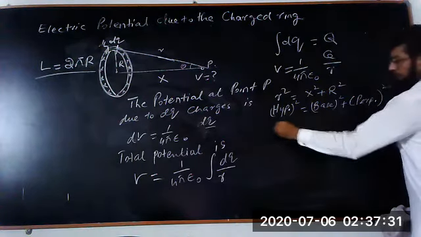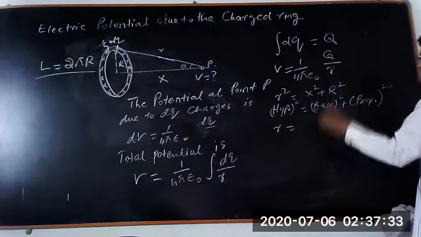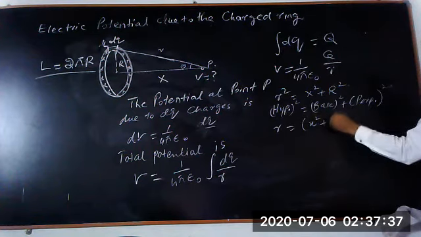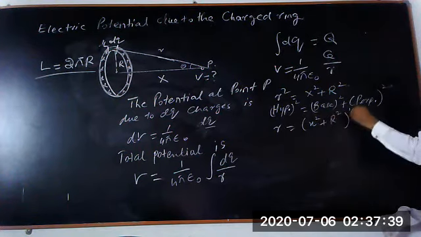So this r, the square goes to the other side, so it becomes a square root, which is equal to x square plus R square power 1/2.